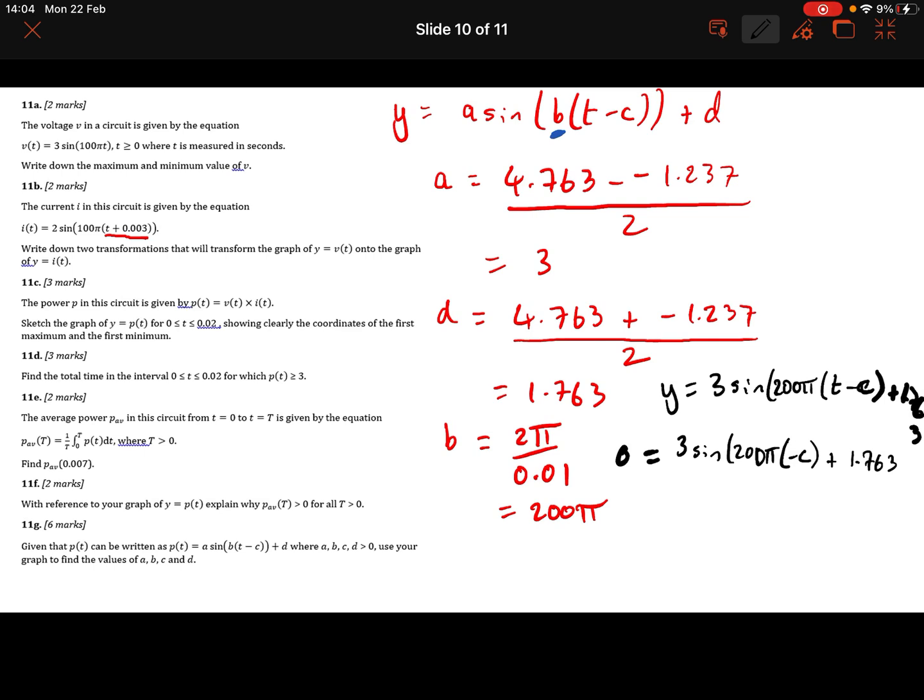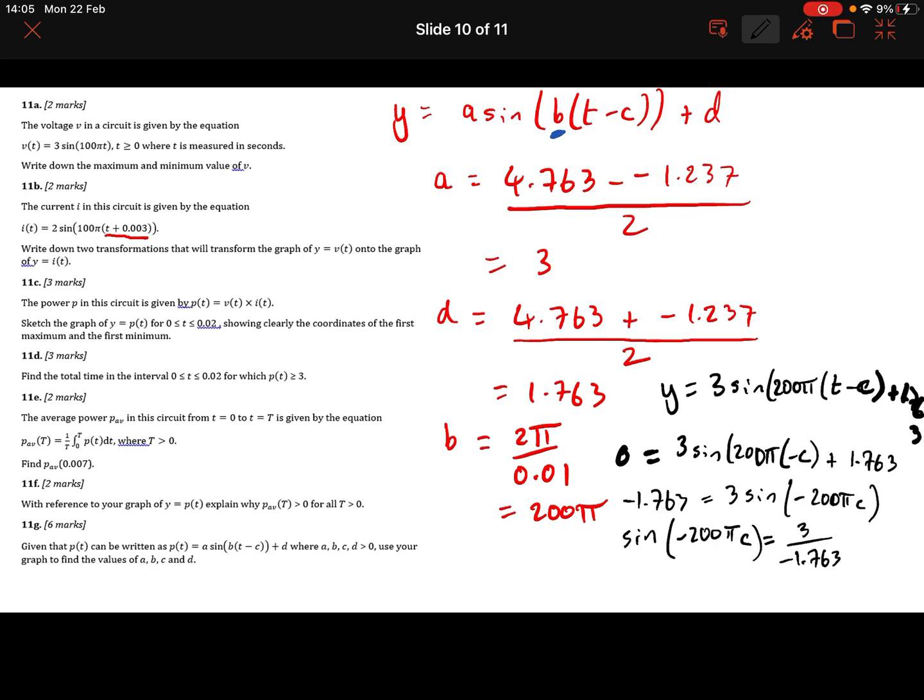Sorry, I've done that the wrong way around. Very foolish. Make sure you don't make silly mistakes like that. It's minus 1.763 over 3. Use a calculator. So we've got minus 1.763 divided by 3 equals minus 0.587, and so on. So we're going to do inverse sine of that.